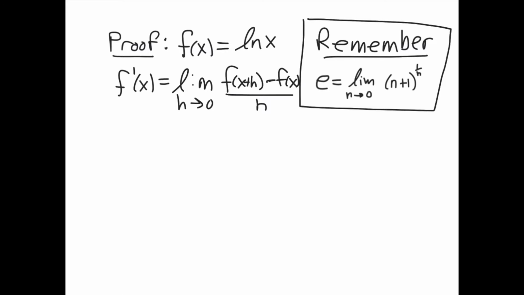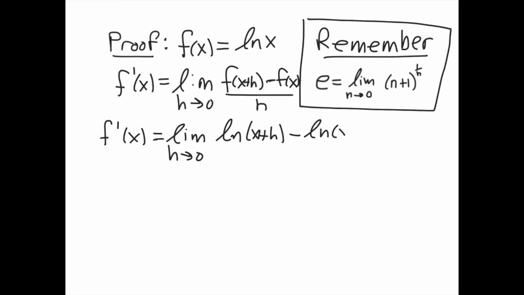It does ln of whatever I put into it. So when I put that x plus h into the function, I'm going to get ln of x plus h. So we've got the limit as h approaches 0 of ln of x plus h minus ln of x all over h. Okay, this is going well.